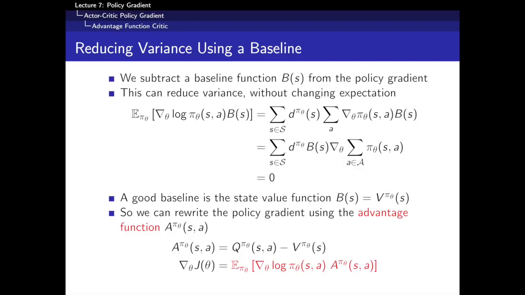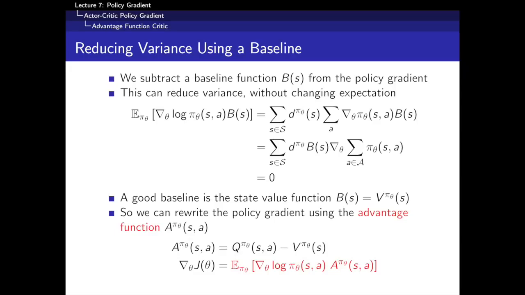And so very briefly, what we see is that if we just expand this out, our expectation is again an expectation over states, multiplied by the gradient of our policy, multiplied by the baseline. We can pull the baseline outside of this sum because it doesn't depend on the action. We can pull the gradient outside of this sum, and then we know that our policy sums up to 1.